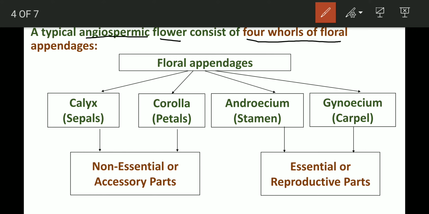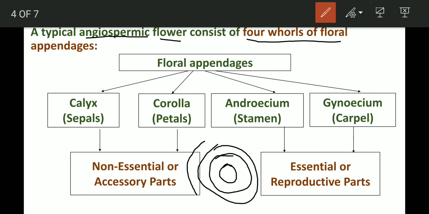Four whorls means four circles. Let me erase it and draw it again. So it consists of four whorls. This is the innermost whorl, then the outer, third whorl, and the fourth whorl. So these whorls I have drawn for the floral appendages.